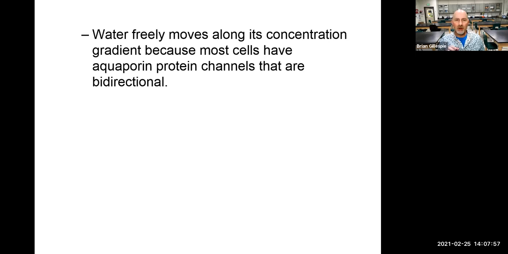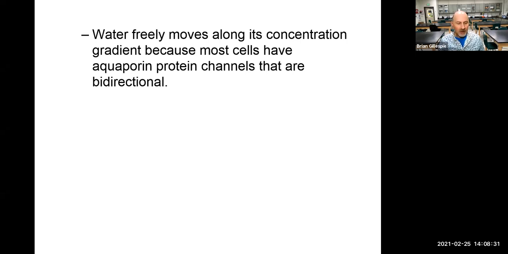And aquaporins are basically almost like tiny little protein tubes that have a channel that is just the right size and shape for water molecules to pass through it, but other materials don't make it through. The thing with aquaporin channels is that they're essentially open in both directions. So water will always move across aquaporin channels in accordance to their concentration gradient. So wherever there's more water, they're going to travel through those channels to where there is less water.